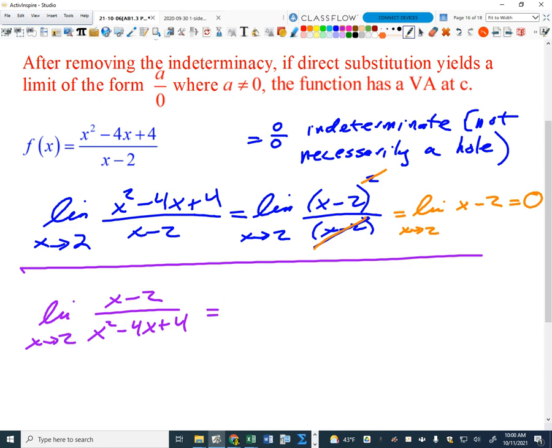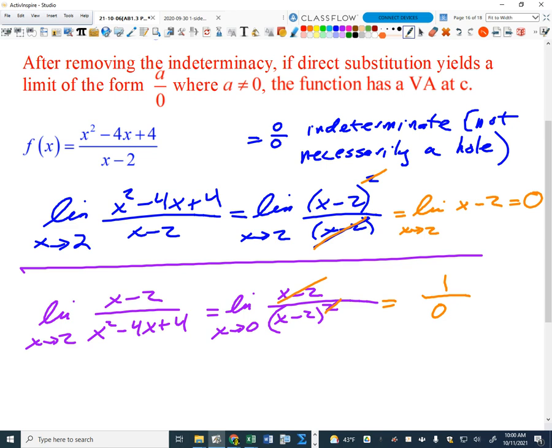Just the reciprocal of the past one, right? So everything factors the same. So again, we cancel the x minus 2's, and if we evaluate it this time, we get 1 over 0, right?